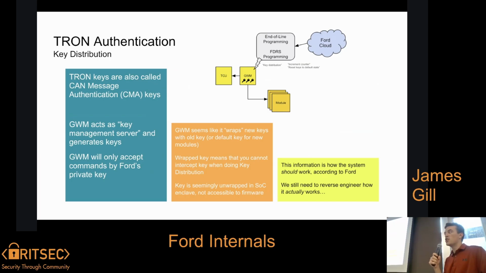You can't pair modules to a vehicle that aren't official Ford modules in their database, because the official database needs to give you the keys. They're sent directly from the cloud and unwrapped in the hardware enclave. So yeah, you can't use modules that aren't official Ford modules, I guess. At least without breaking the system somehow.